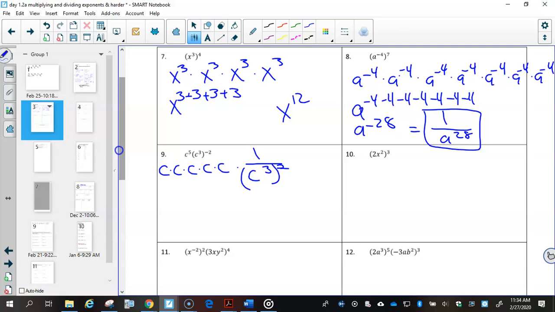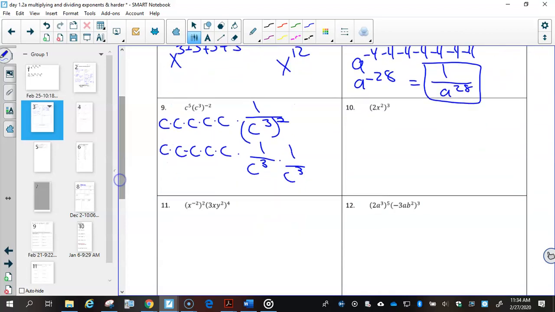So I could rewrite this as 1 over c to the 3rd times 1 over c to the 3rd. We know if we have the same base, we can add the exponents. I didn't really need to expand this, but we did. This would be 1 plus 1 plus 1 plus 1 plus 1, so c to the 5th. We could add these two.